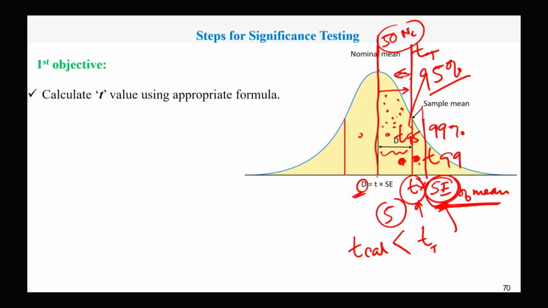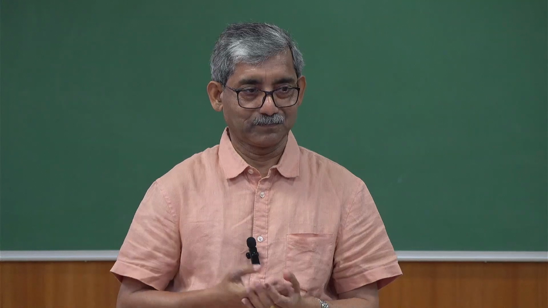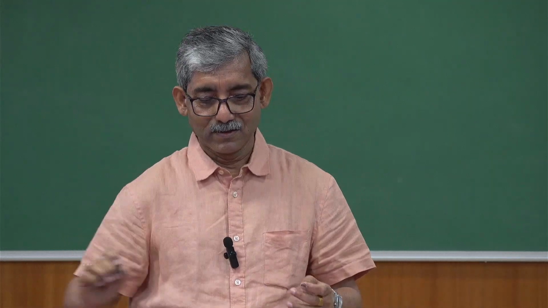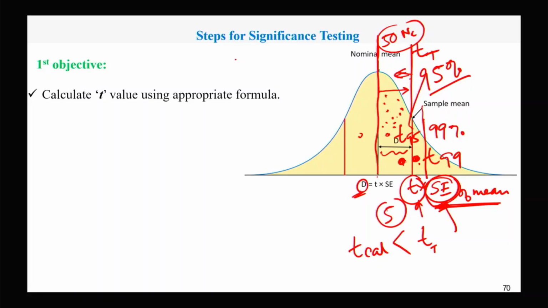I'll tell you a simple example. Suppose in football I have a goal post of this size, and I am shooting from this point. Out of 100 shots, there may be 5 misses.